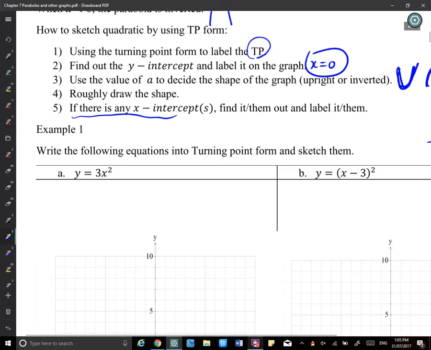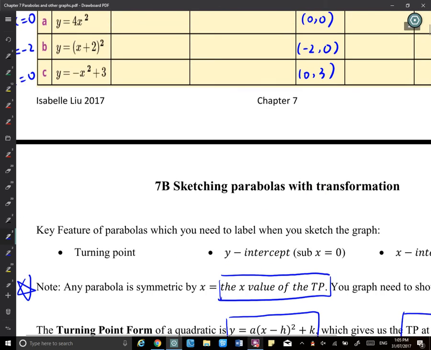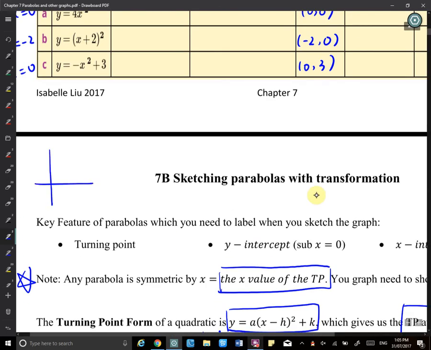So number 5, if you can see there's any x-intercept, then try to figure it out. You may have 0 x-intercept, 1 x-intercept, or 2 x-intercepts. It depends on the graph. The case where you have no x-intercept will be like that. There's absolutely no x-intercept.